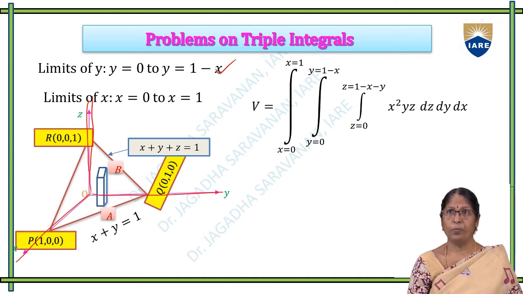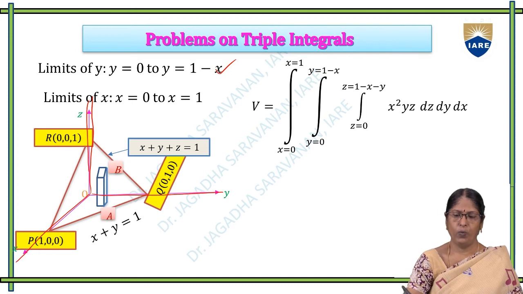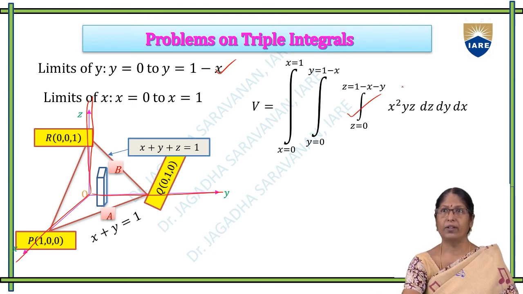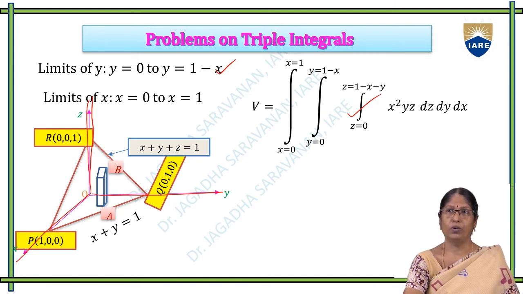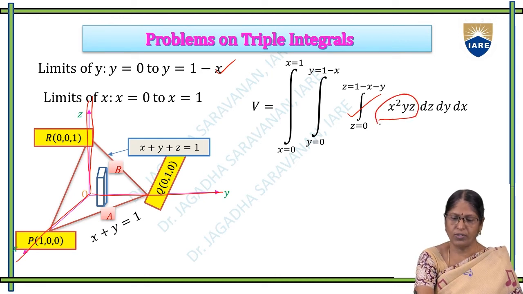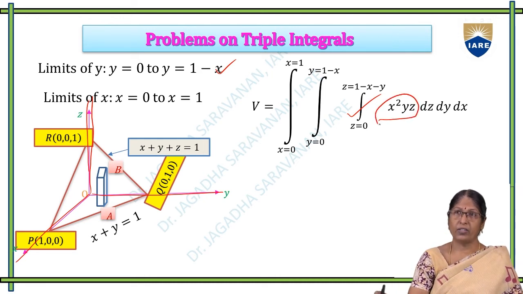So our volume integral, our triple integral, the interior integration is z from 0 to 1 minus x minus y of the given function, x square y z dz dy dx.